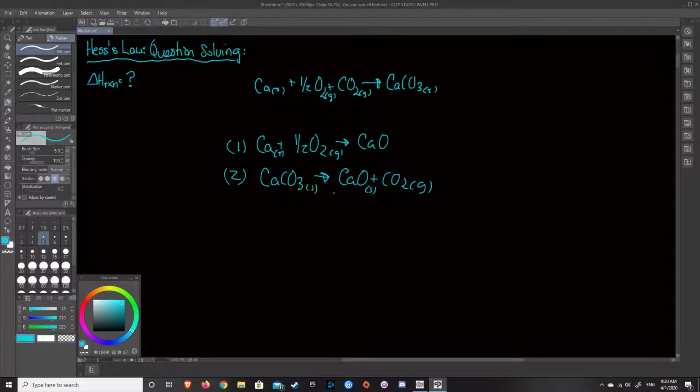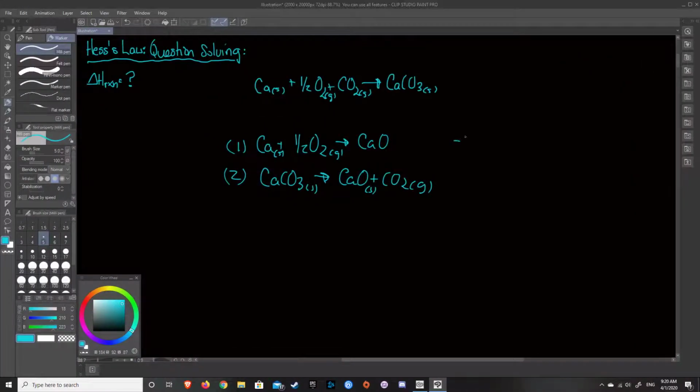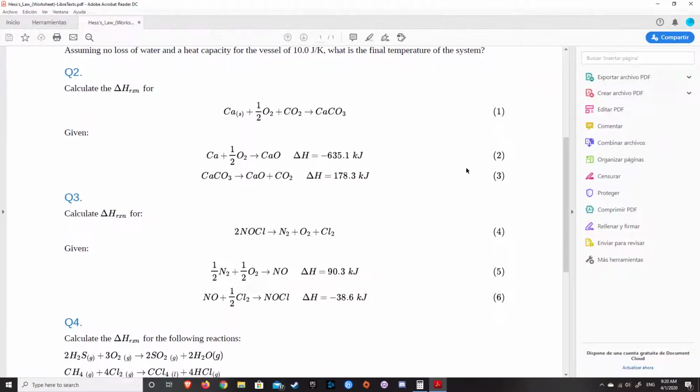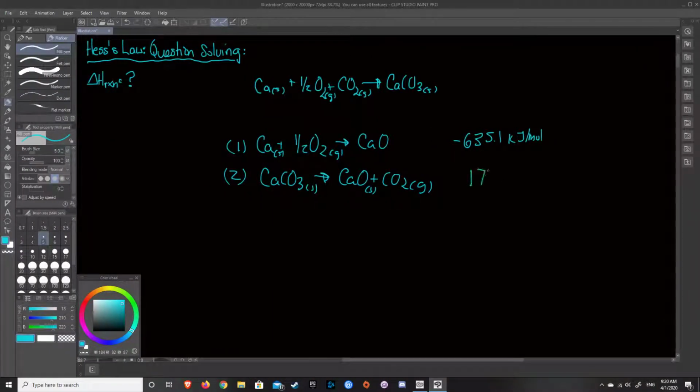These are the equations that were given, and the enthalpies they give us: delta H is negative 635.1 kilojoules per mole for the first, and 178.3 kilojoules per mole for calcium carbonate. I'll write these down as delta H1 and delta H2.